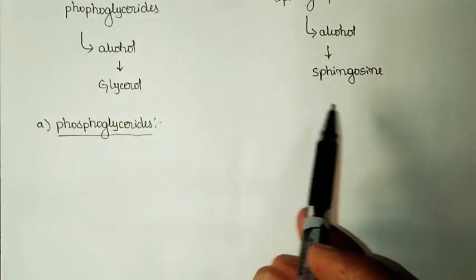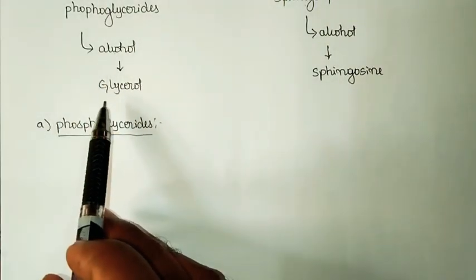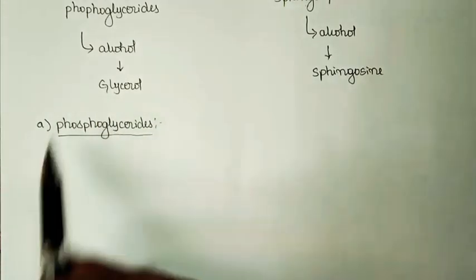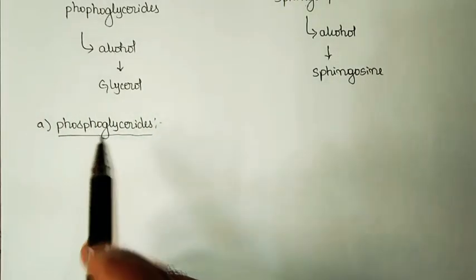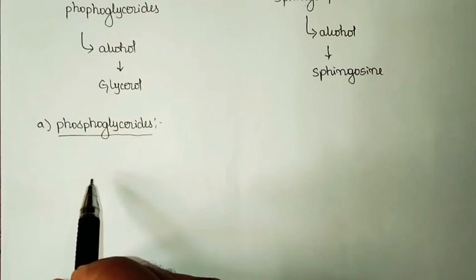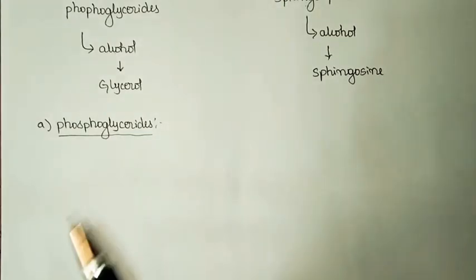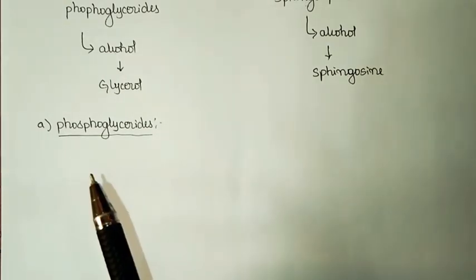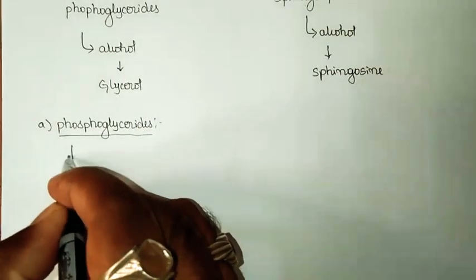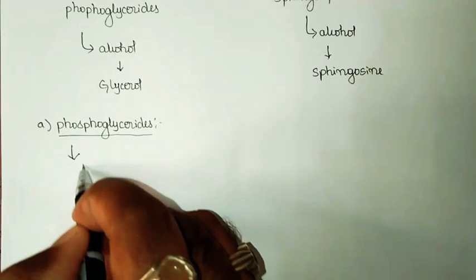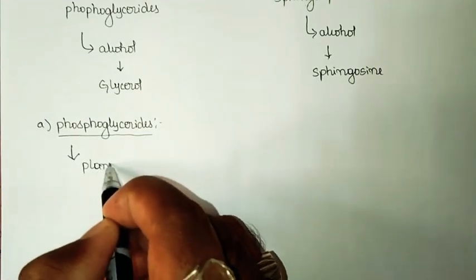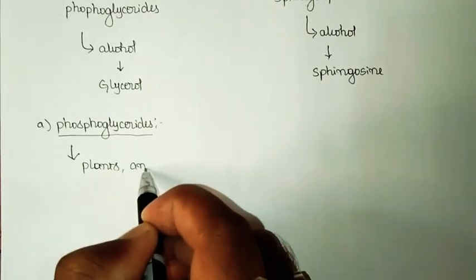Compared to sphingolipids, the major portion of the phospholipids is covered by phosphoglycerides only. And these are present mainly in biological membranes, in both plants as well as animals.